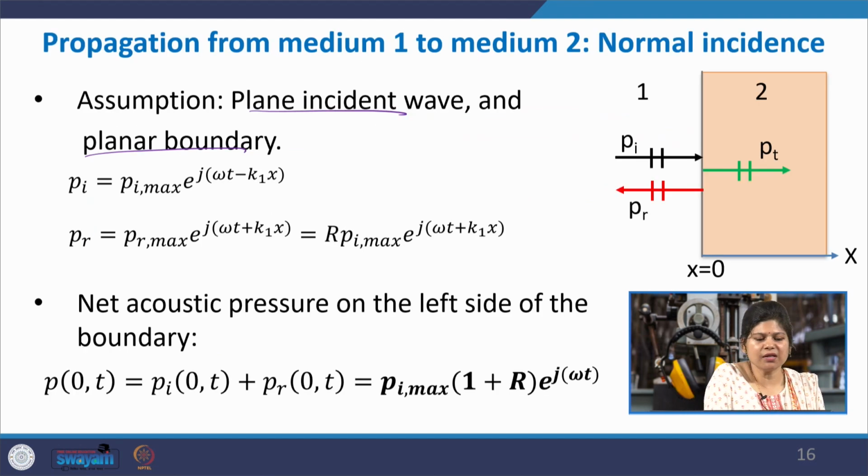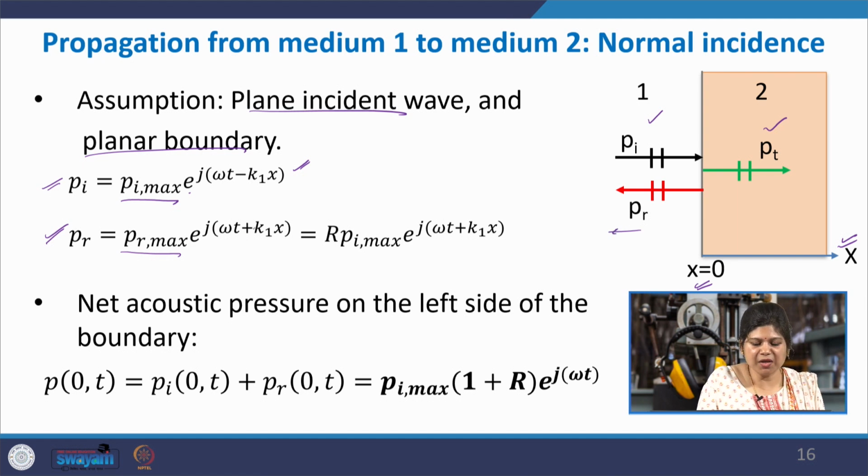We can represent this pressure P_i as some kind of P_i max into e to the power j(omega t minus k1 x), the plane wave representation. The reflected wave in the same way should also have a certain amplitude. Here, if we are taking the boundary at x equals 0 and this is our positive x direction, then P_i is moving in the positive x direction, but P_r is moving the other way.